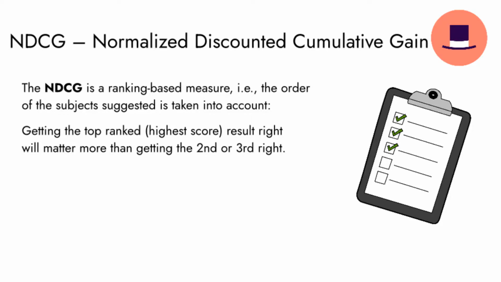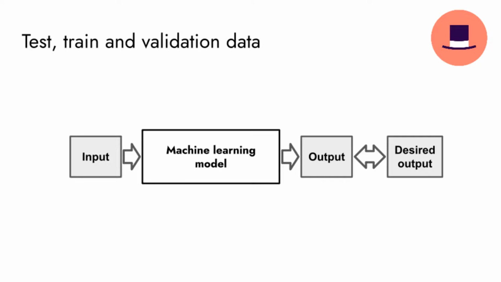Now, before moving to how the evaluation is performed with Annif, an important point about training and evaluating models needs to be mentioned. In the training of a machine learning model, the aim is to make the predictions the model makes on input fit the desired output.